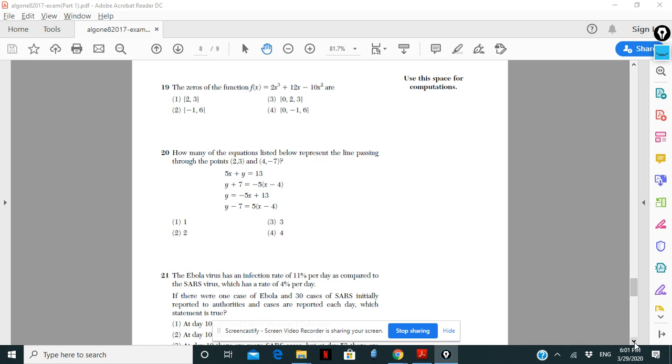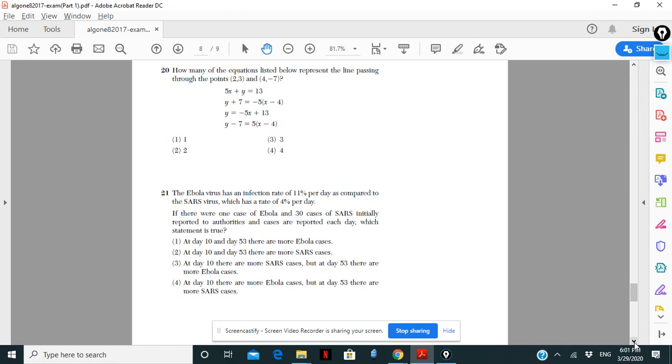Question number 20. How many of the equations listed below represent a line passing through the points (2, 3) and (4, -7)? So first I have to find the slope.